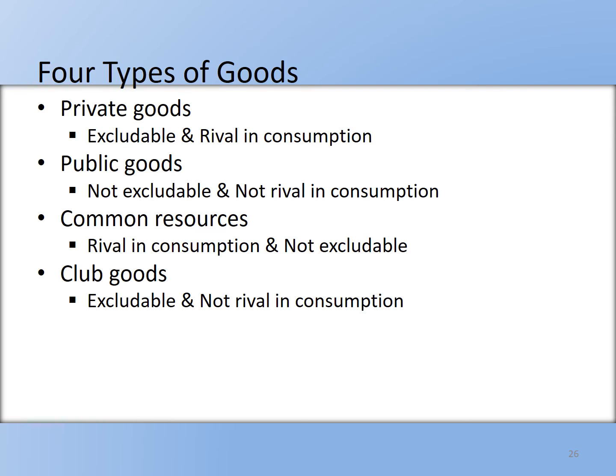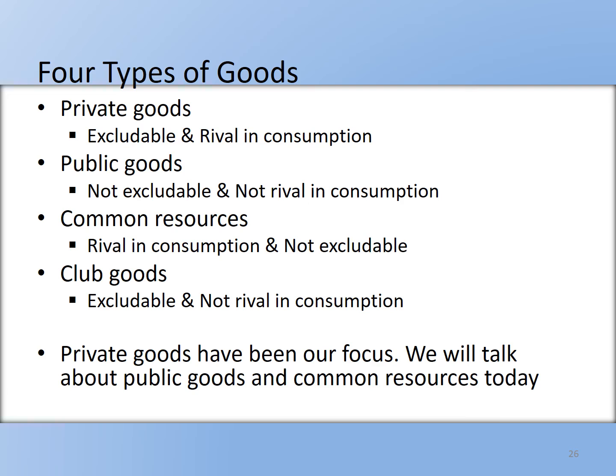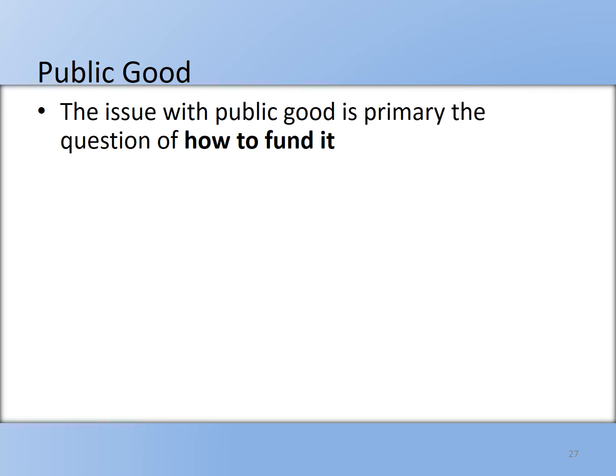Now we can talk about public good first. The case when you can't stop people from using it, and my use does not affect your use, and your use does not affect my use. And the issue with public good is primarily the question of how to fund it. So far, we usually say that the price you charge is related to marginal cost, right?